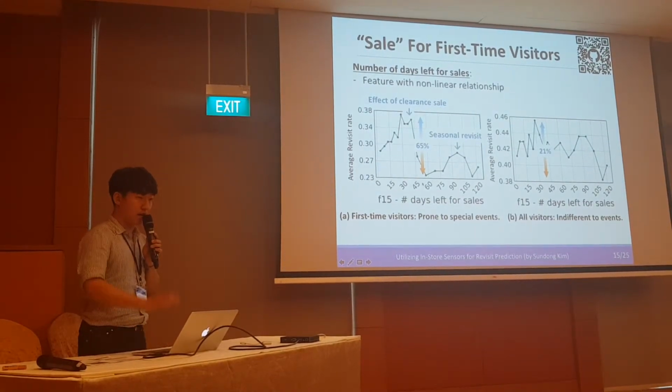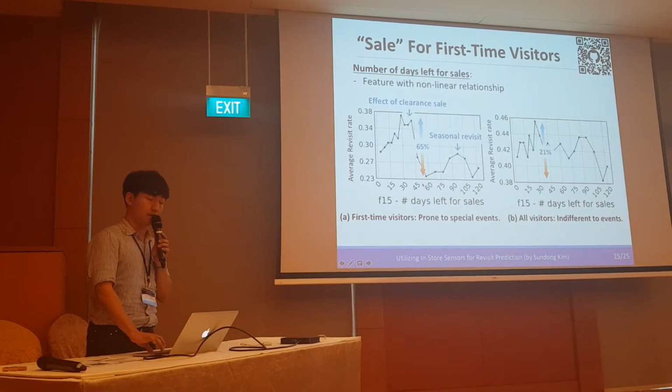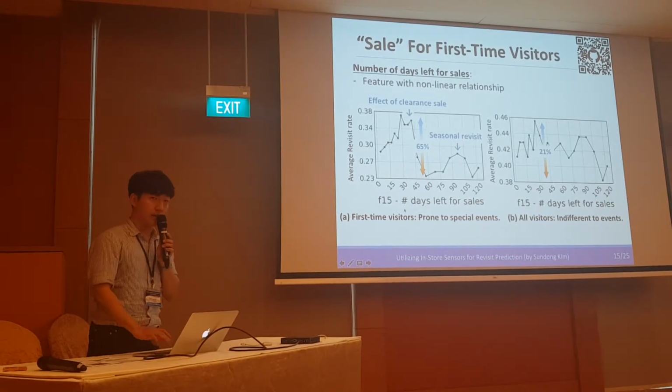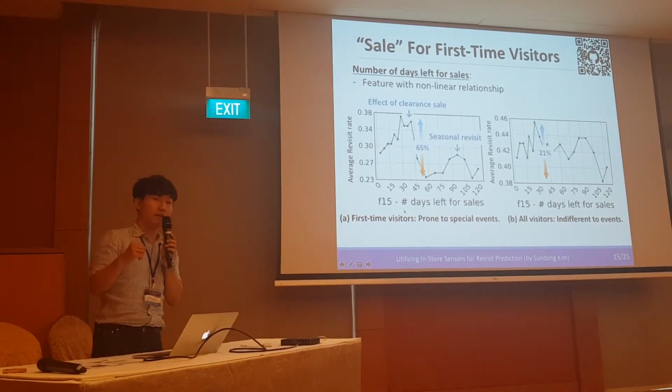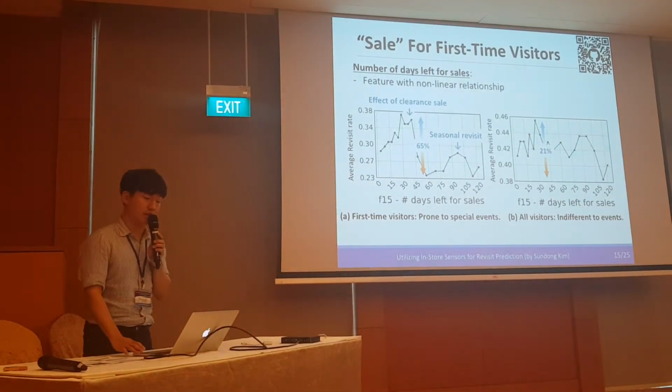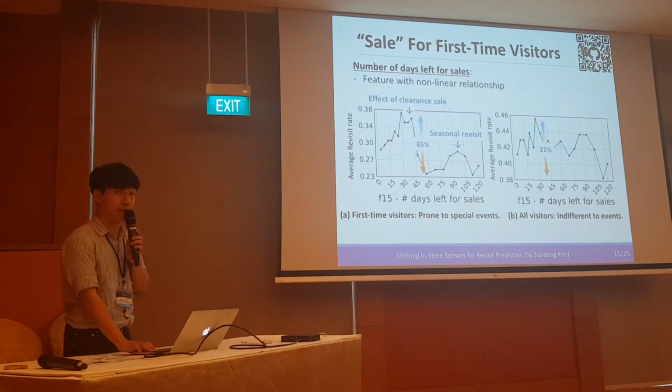This behavioral difference is much bigger compared to the other visitors, which means that if you have an event, you can have a chance to retain more first-time visitors, according to our data set.